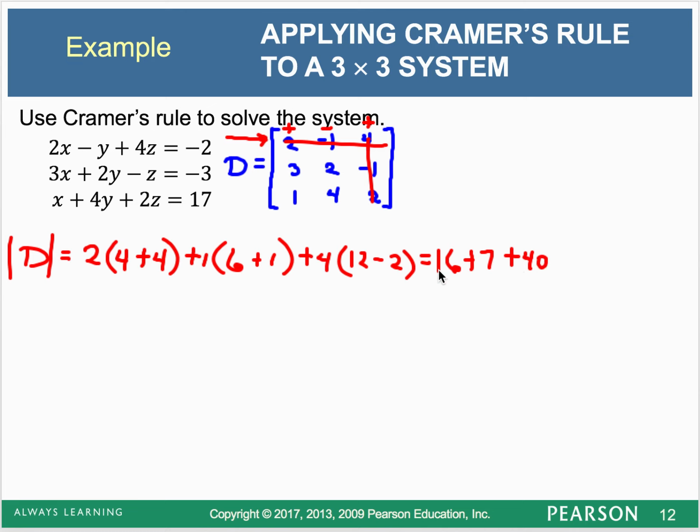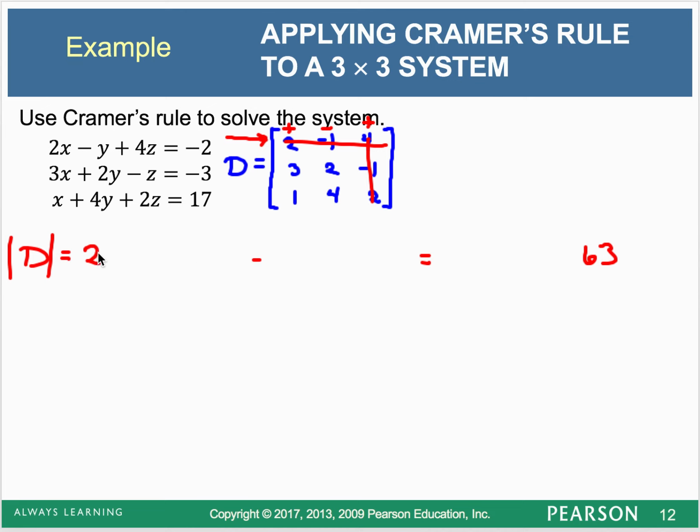So what do we have here? 23, so 63. Okay, I'm going to erase. All right, 63, which means we can use Cramer's rule.